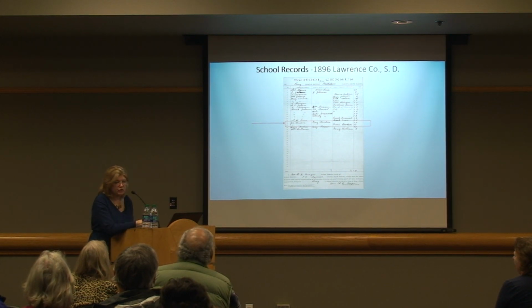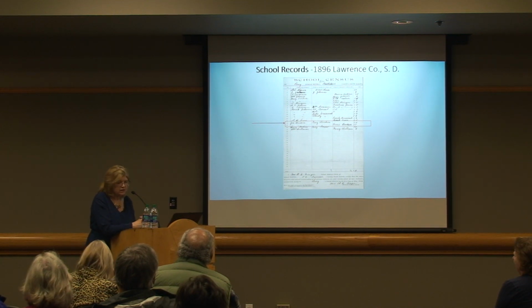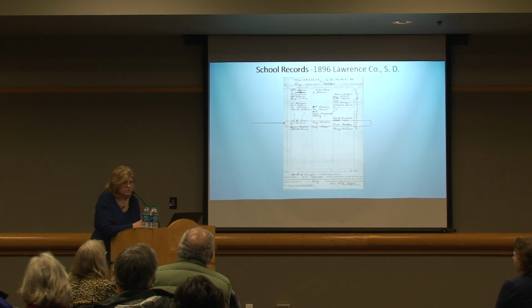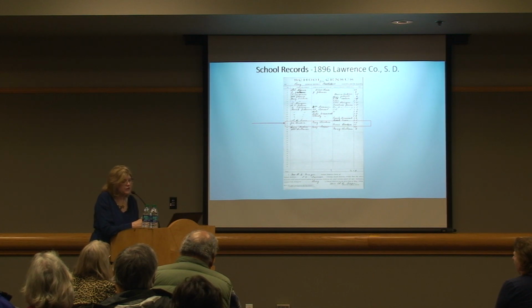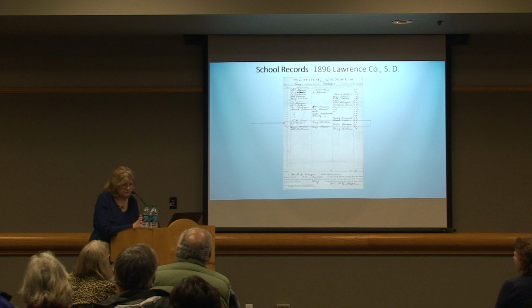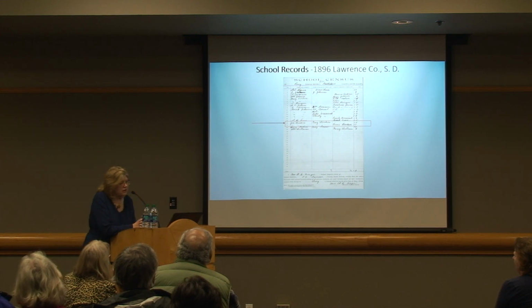So, being a determined researcher, I came up with a novel idea to find out the names of the people that were in the household. Now, we knew his name because the government had his name down as the head of the household and the owner of that property, but I couldn't find the other people's names. So I went to the public library and I started looking through school yearbooks.